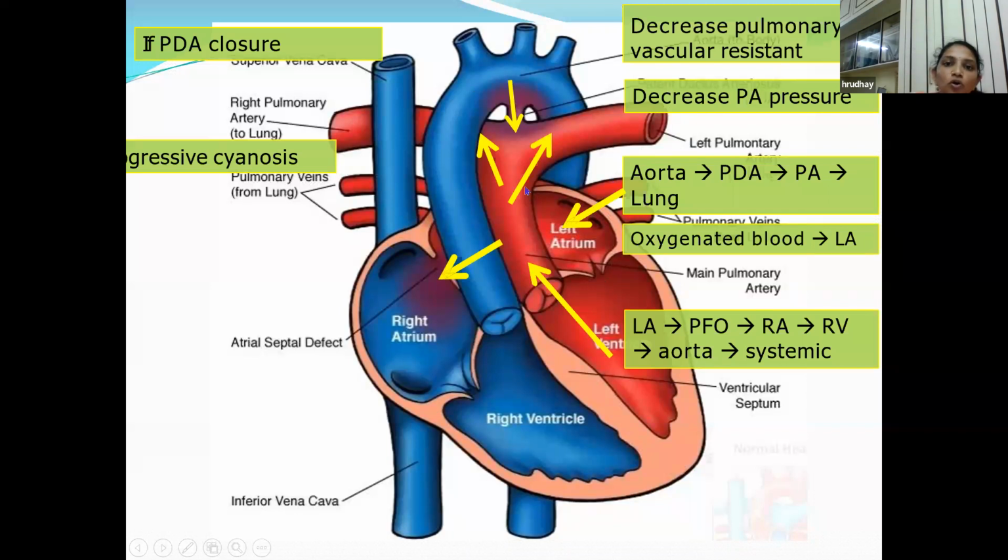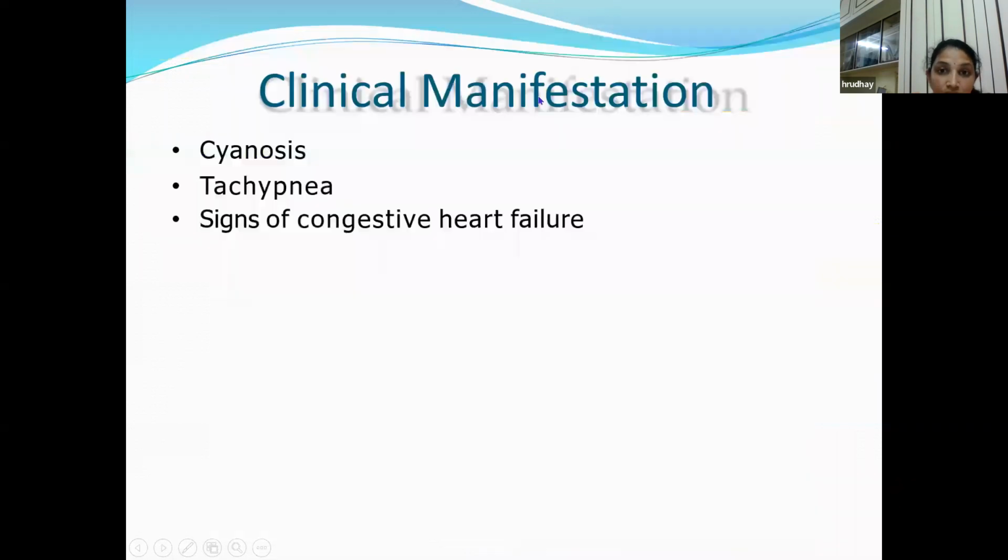Again, this oxygenated blood will go to the lungs with the pulmonary artery. Here this is a PDA. If there is no PDA in this connection, as I mentioned earlier, the presentation will be very, very early. If any connection is there, the presentation will be late.